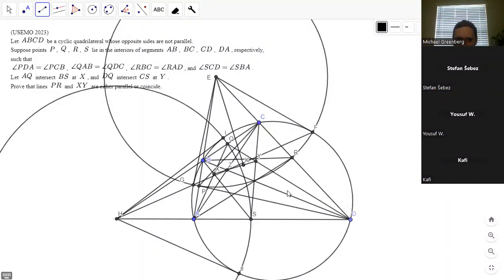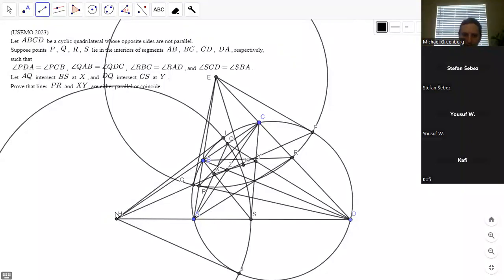And then that proves that XY is perpendicular to QS, and that solves the problem after another angle chase. It must be an angle chase to show that SQ is parallel to the angle bisector of AED.